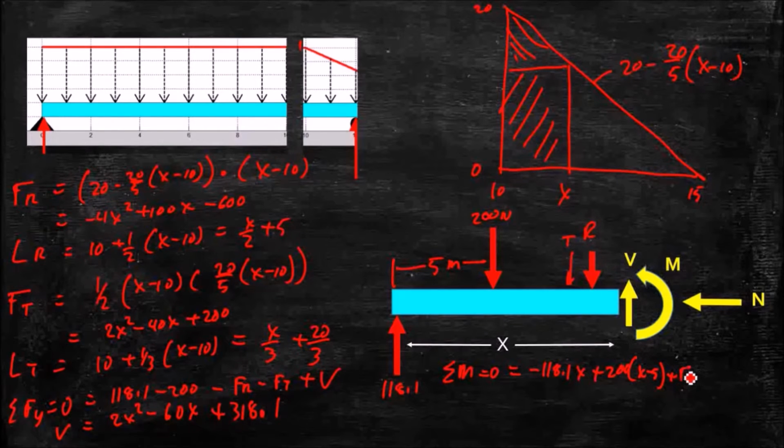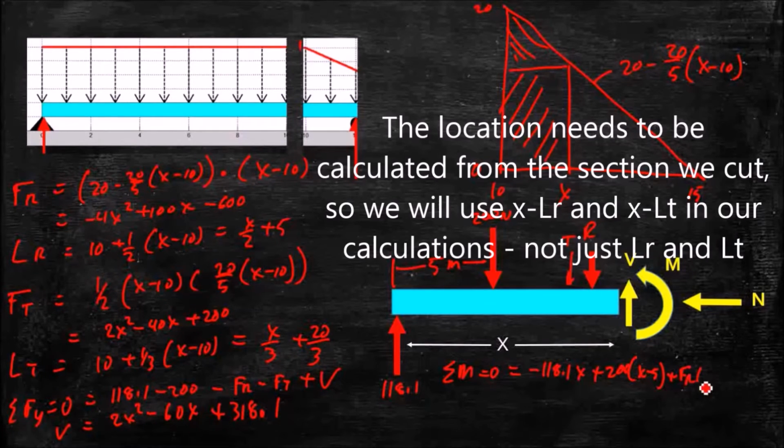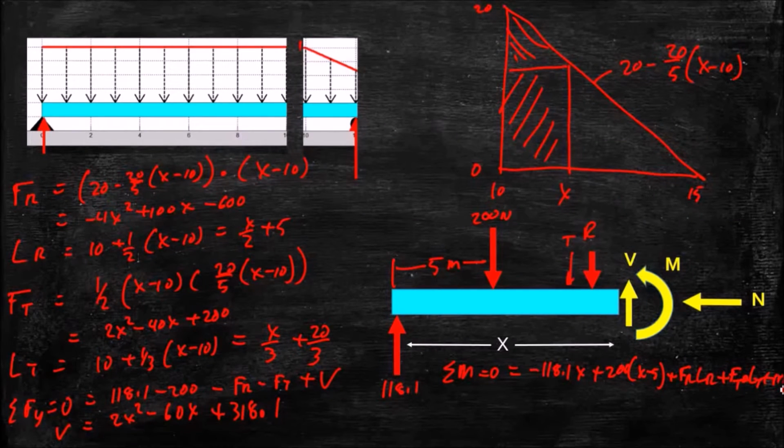Plus the force from the rectangle times the location of that force, plus the force from the triangle times the location of the triangle, plus our moment. This is kind of a messy one to multiply all this out. It's a fair amount of algebra, but you decide if you need to do it.